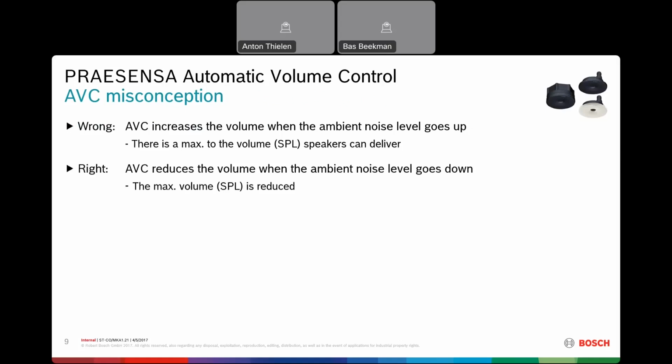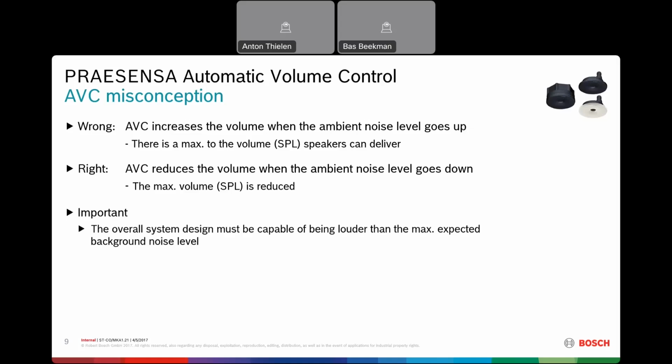So the maximum volume, which you normally have available in your PA system, is reduced because you don't need to have that high volume. And that's the way you should always think when you are designing your AVC installation. Important: the overall system design must be capable of being louder than the maximum expected background noise level. And AVC reduces the call or music level when the ambient noise level goes down.